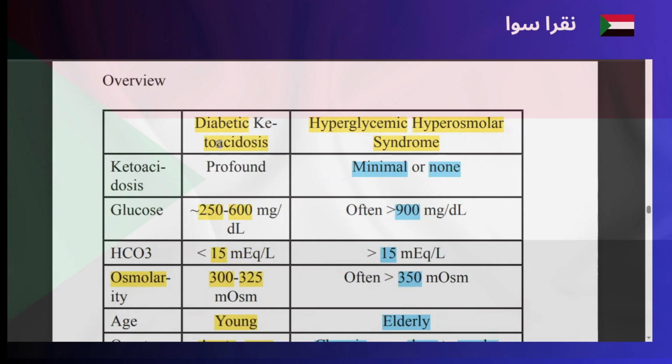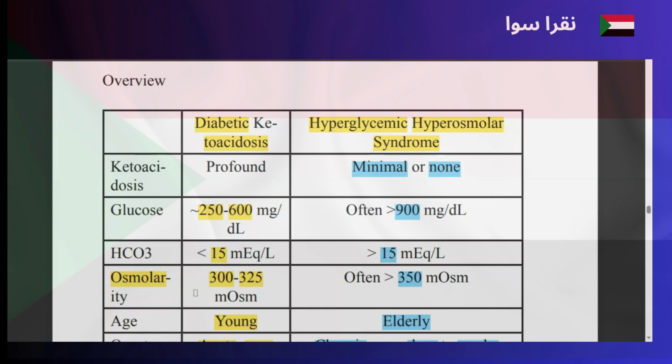Ketoacidosis in DKA is profound, but here minimal or none. Glucose in DKA is around 250 to 600, but in hyperglycemic it is more than 900. The HCO3 in DKA is less than 15, but in hyperglycemic more than 15.